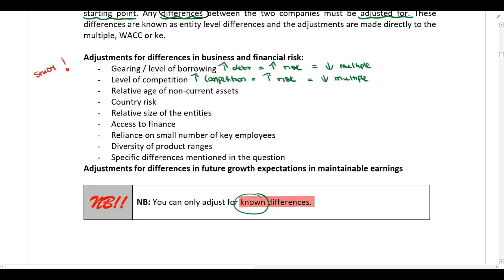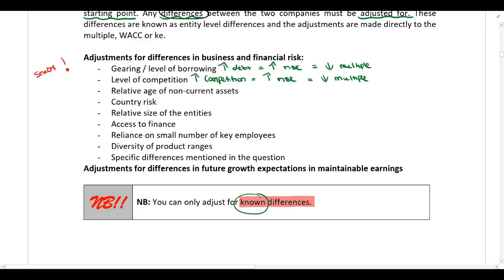We then need to consider the relative age of non-current assets. And a company that has older assets is going to be exposed to higher risk because those assets are going to need to be replaced in the future, and if they aren't replaced, the company then isn't keeping up to date with all the changes in technology, and the competition is going to leave them behind. The inverse is also true. If you have newer assets, you are then less risky.